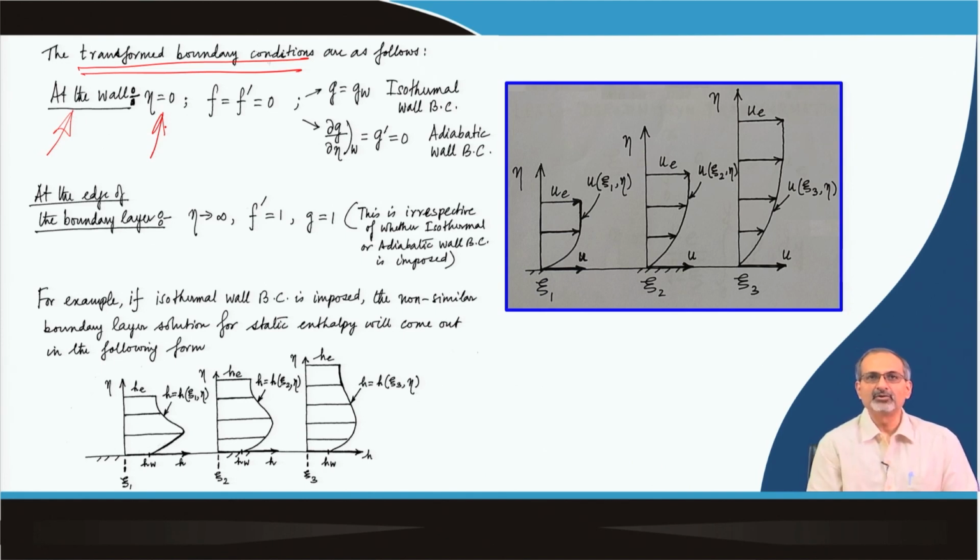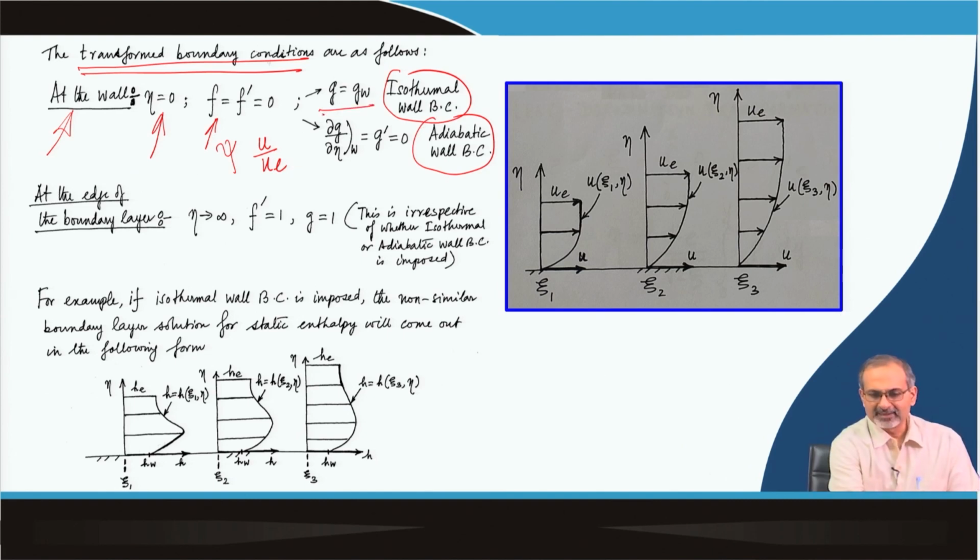Instead of saying u equal to v equal to 0, you just state it in terms of f, which has the significance of xi carried along with it. So, both f and f dash are 0, because one stands for the stream function value, the other stands for the velocity ratio, u by u_e, both are 0.